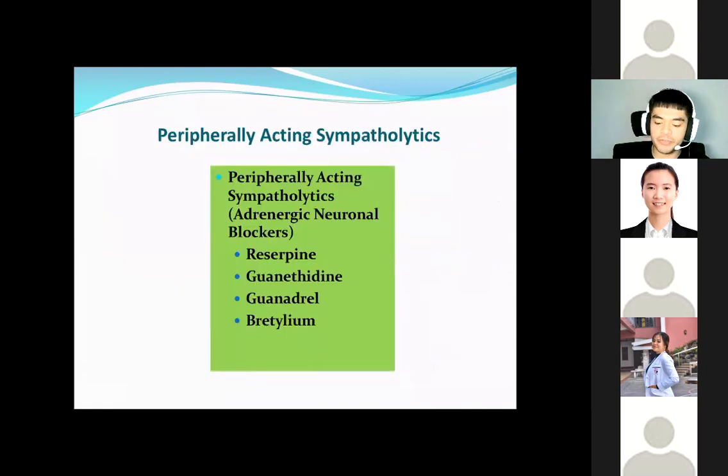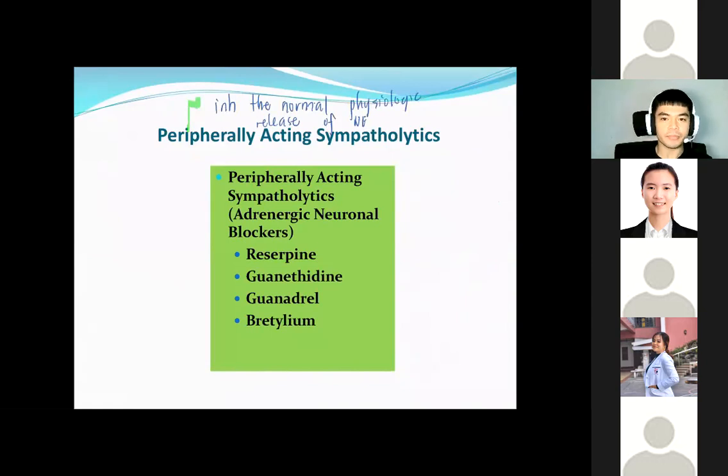Guys, when we say peripherally acting sympatholytic agents, these are the drugs that inhibit the normal physiologic release of norepinephrine from the vesicles.